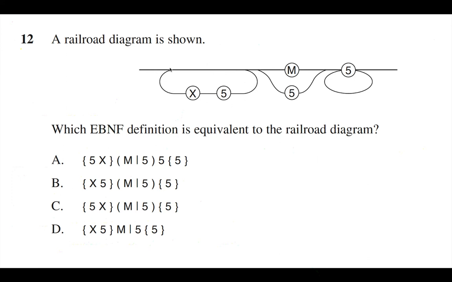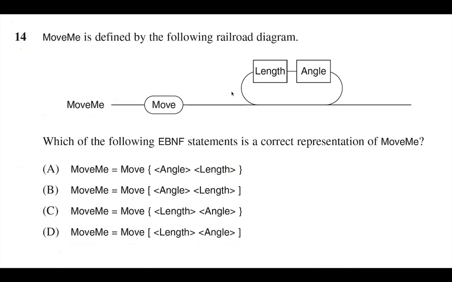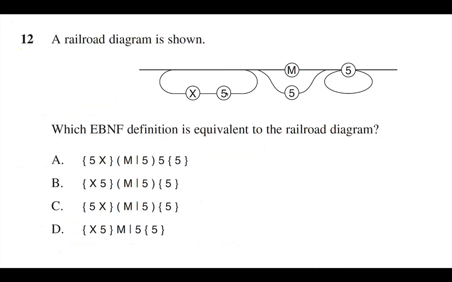When I'm going along the path of the train, because it's a railroad diagram, what do I hit first? I hit and encounter 5. That immediately eliminates B and D because they both start with X. So it's 5 and then X to be repeated. So it's either A or C. Now, this guy here gives me the option.